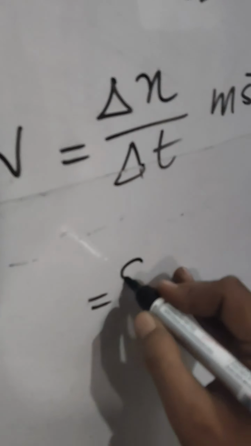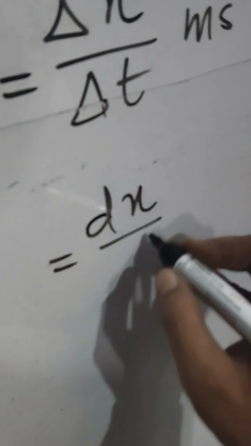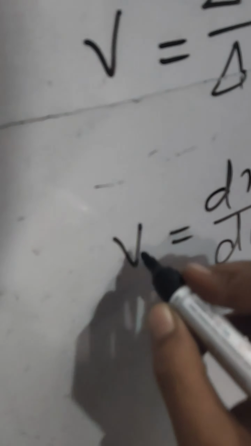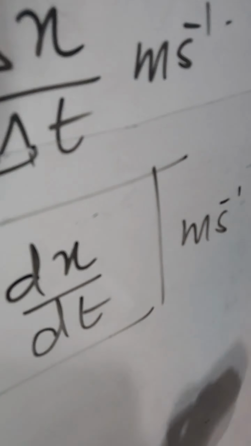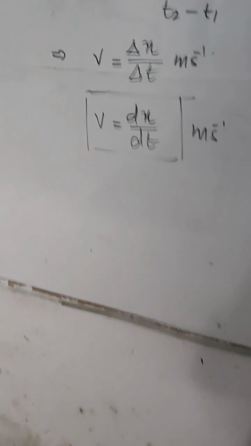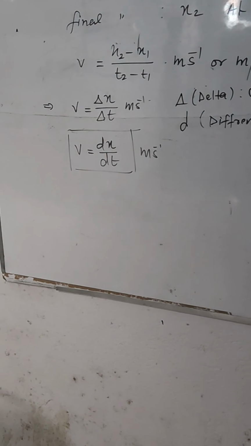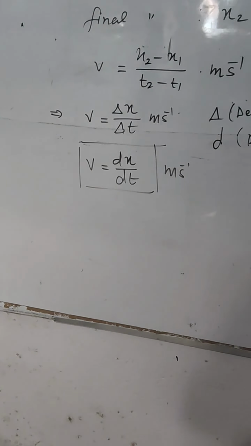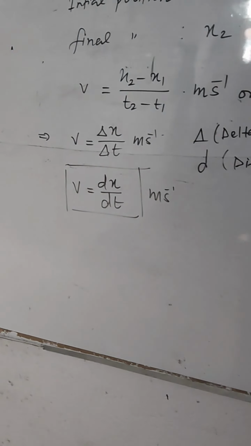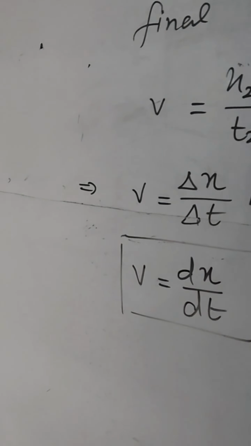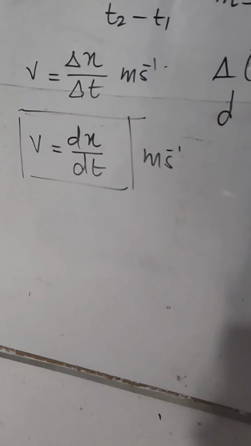And in terms of this smaller change, dx by dt, meter per second, sorry, here is a square, this is -1, this is -1. So this is the formula of velocity in differential form, or you can say it's the differential equation of velocity.